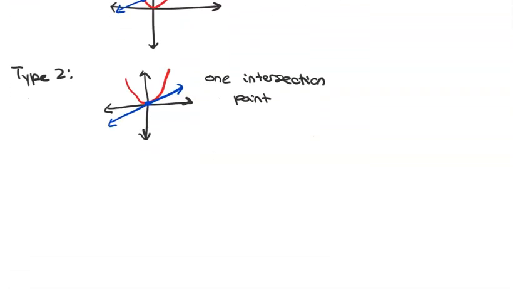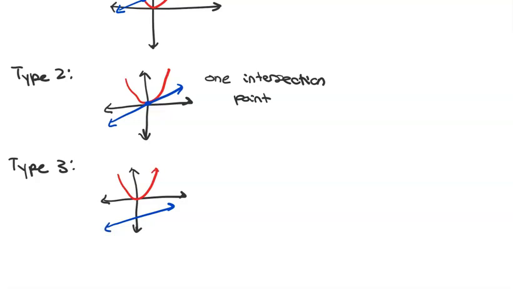And then for our last type, I'm going to call it type 3. This is when we have the parabola, but our line does not intersect our parabola at all. So we would say that we have 0, or no, intersection points.